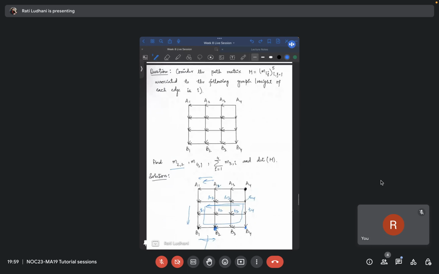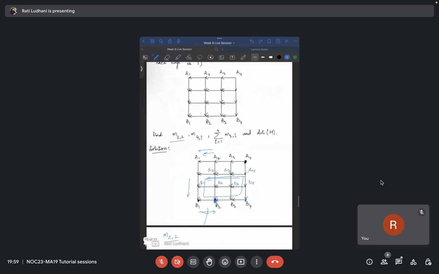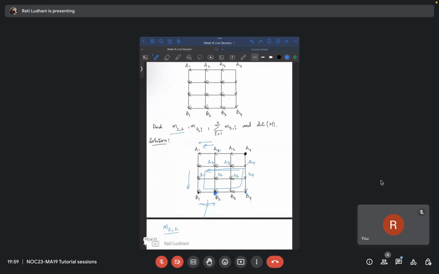Sorry, which one do we have to choose, maximum or minimum? Here, maximum means we can go from A4 to B4.